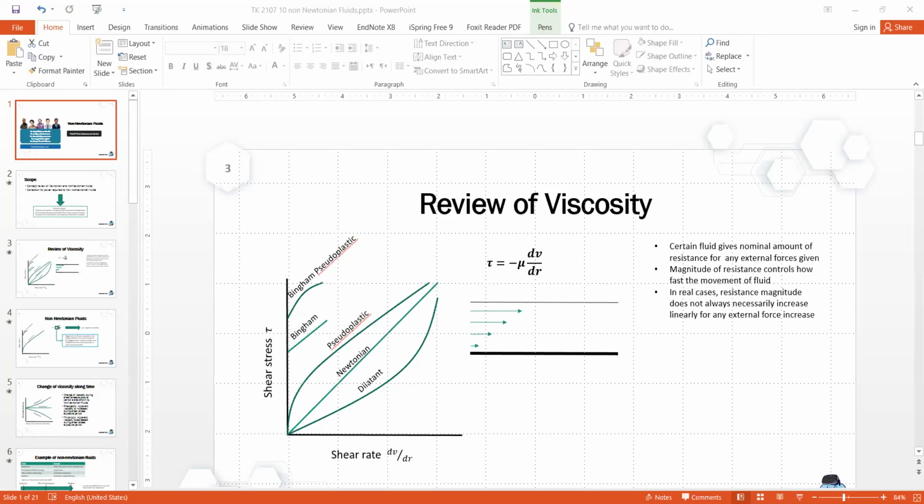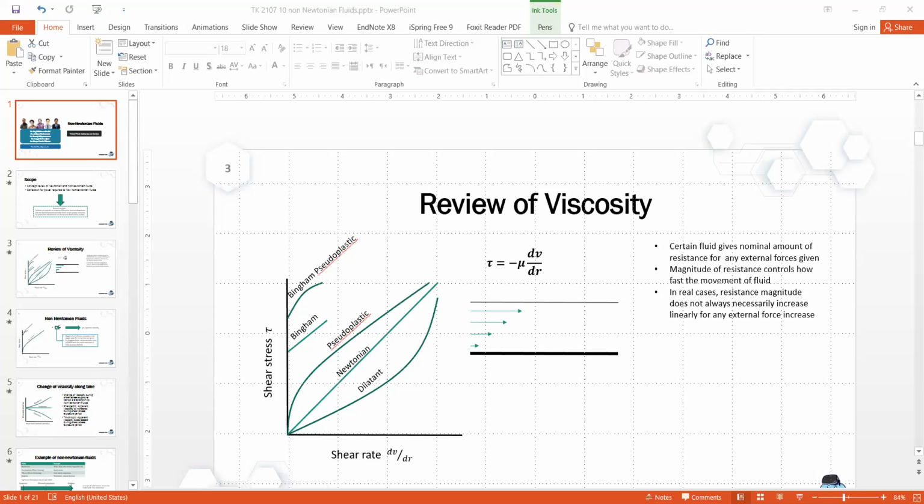For any increase of shear stress, for any delta tau, the increase of delta gamma, or delta dV per dr, is going to be a constant. You increase shear stress by 1, then it's a constant multiplied by 1; increase it to 2, then it's the constant multiplied by 2. This constant is called the viscosity.